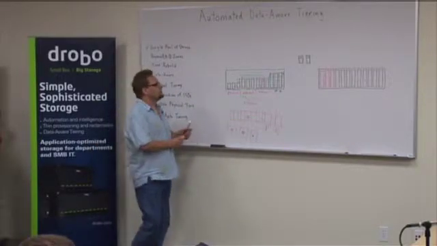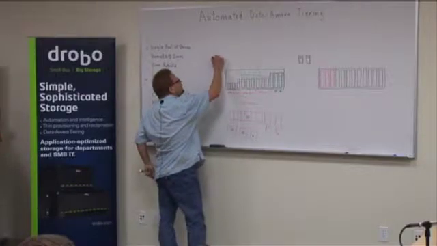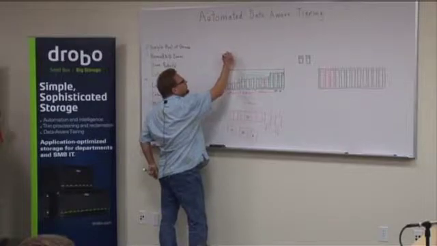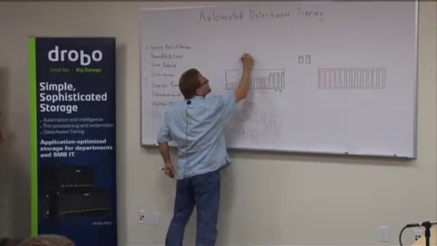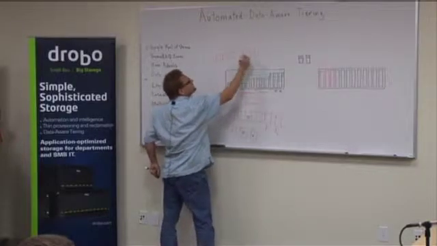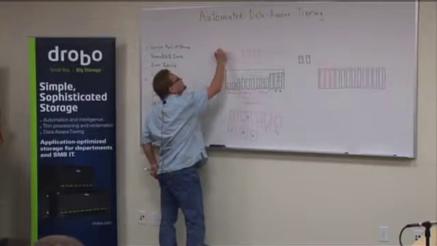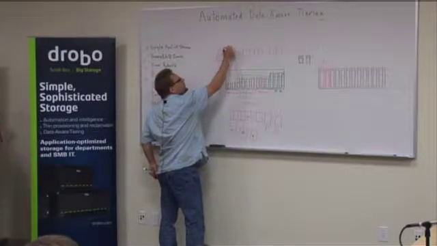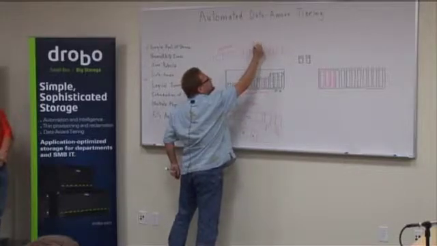And likewise, if we were with 12 disks, it would be more performant to actually use four-piece RAID zeros. Even though these are stripes, there's no parity here.